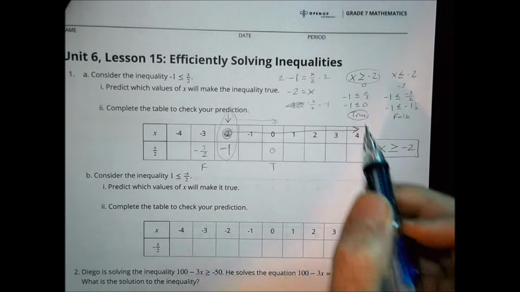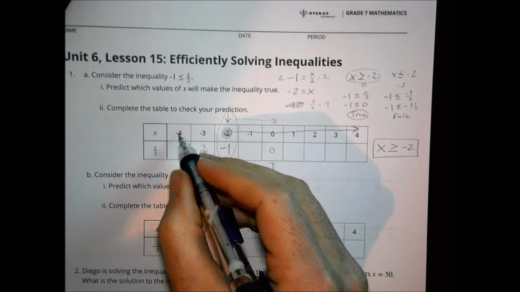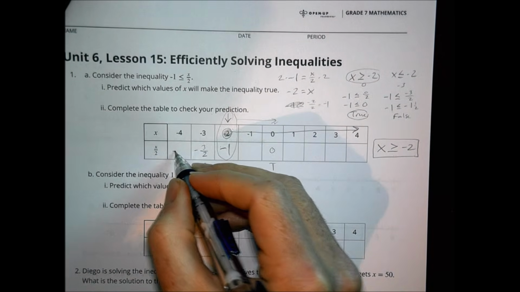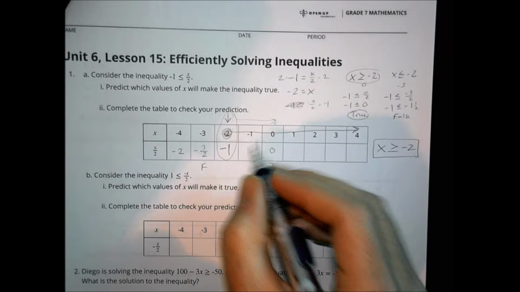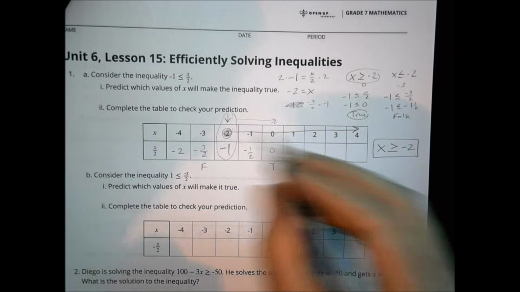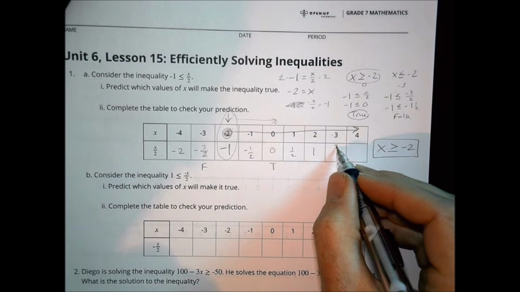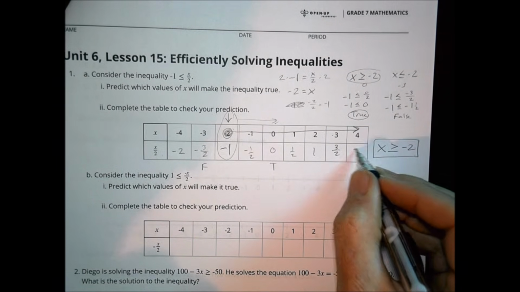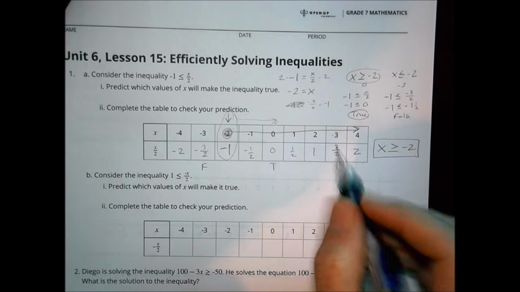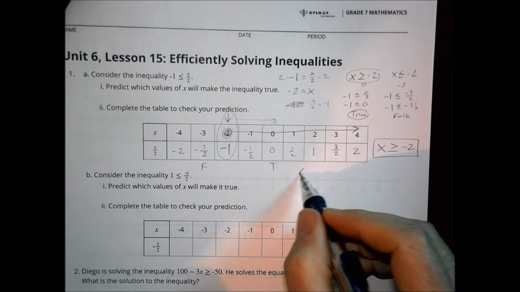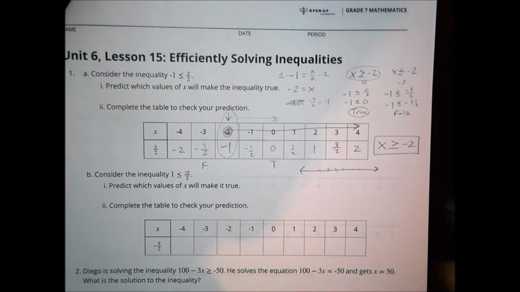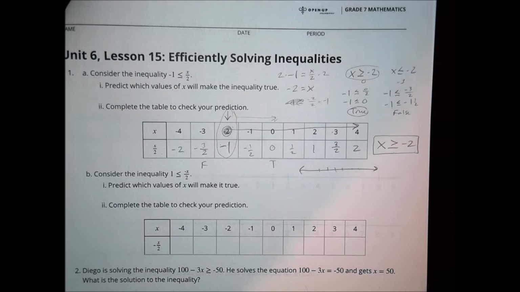Now to plug the numbers back in: -4/2 is -2, -1/2 is -1/2, 1/2 is a regular half, 2/2 is 1, 3/2 is 3/2, and 4/2 is 2. Those become points on our graph if we were to graph that out. Okay, and that's the idea.